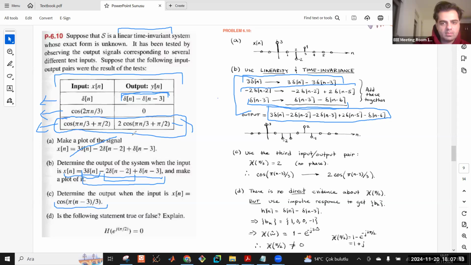Therefore, we observe that H of pi over 3 is 2. We observe this from this input-output relation. Therefore, for the input in part C, output will be 2 times of this input.